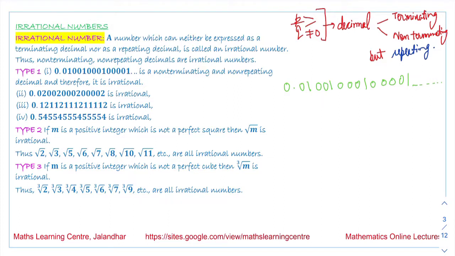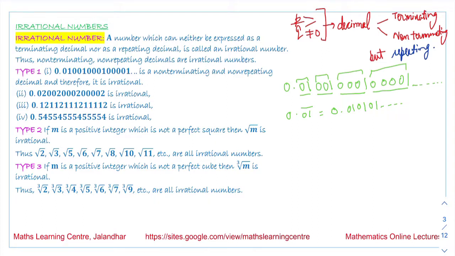We cannot write it like 0.01 bar because it would become 0.010101 and so on. There is no repetition like this. It seems like zeros and ones are there, but these are 2 digits, then 3 digits, then 4 digits, then 5 digits.